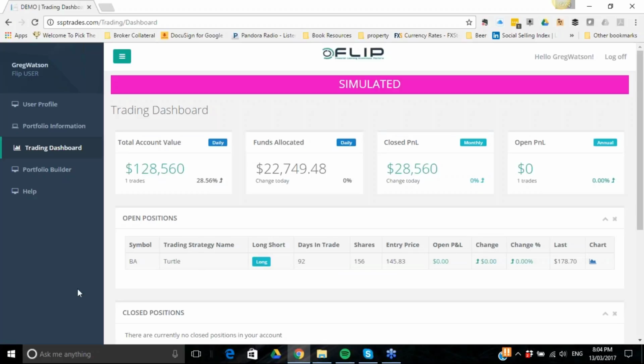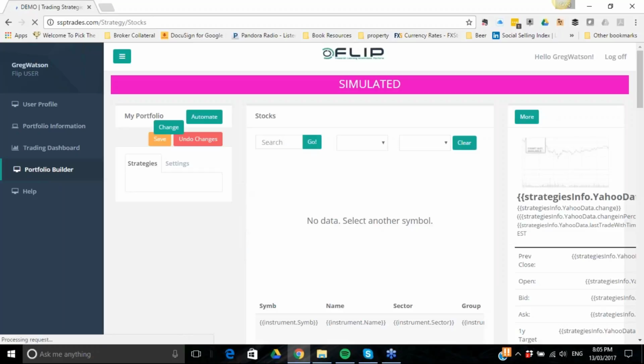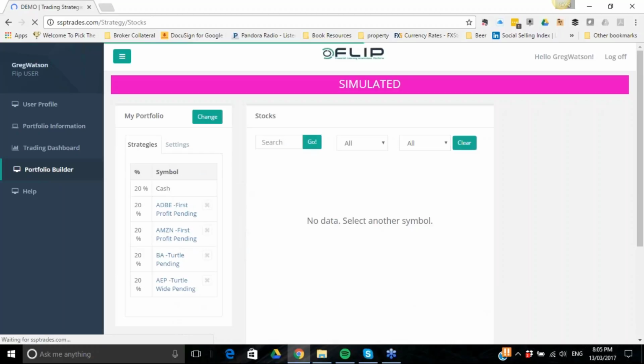It's still in the same trade here, but it's only got $22,000 funds allocated as of today. But it's still in the same shares, and they've gone from $145 to $178. So it's closed out $28,560 in profit. I just wanted to show you how the portfolio builder works, how it simulates based on the strategies that are used.